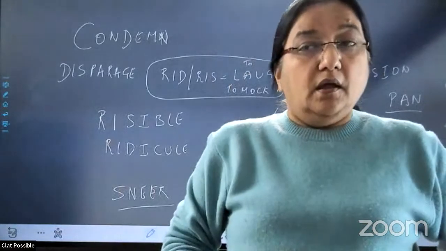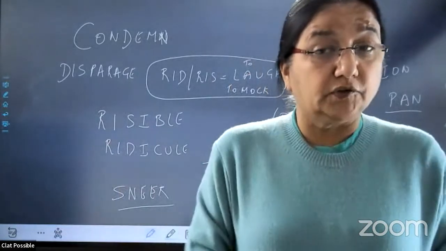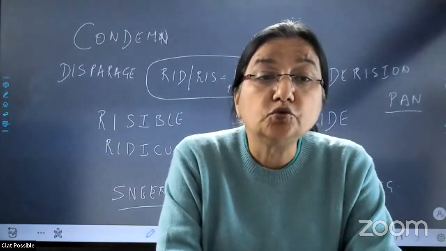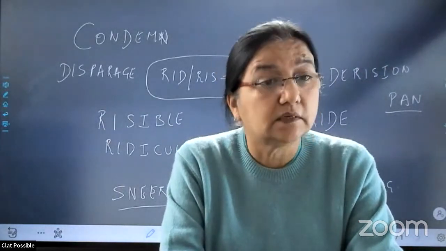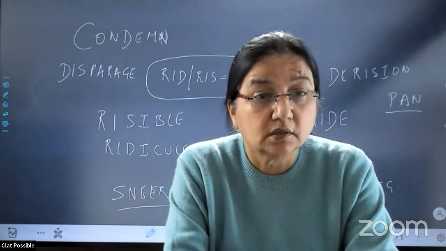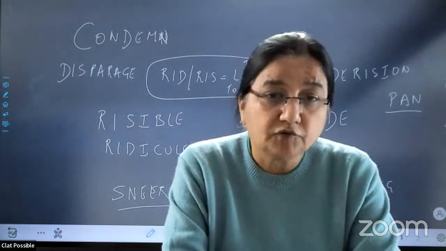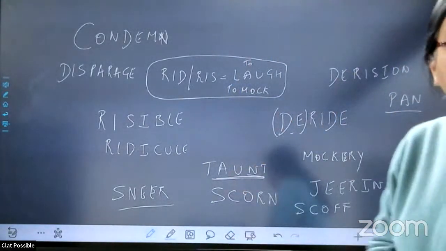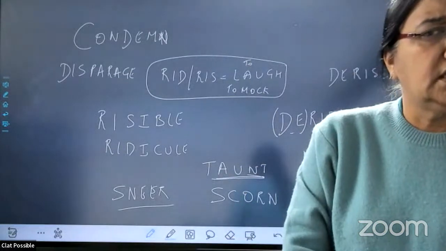Now look, a lot of laughter shows can just be mockery, okay. But have you seen roast comedy? That is derisive. They are basically roasting by doing derisions. It's insulting, there is laughter, but it's basically scoffing and sneering. She sneered at him.